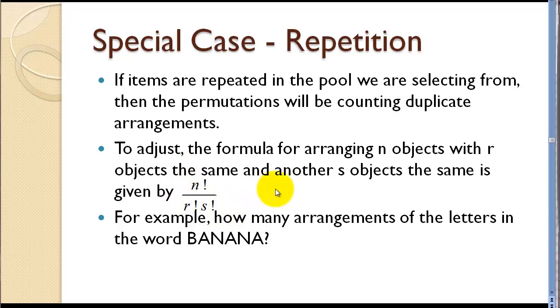It could be extended if there were 3 objects that were repeated. We would have another factorial on the bottom. So if we want to figure out how many arrangements for banana, we've got 1, 2, 3, 4, 5, 6 letters total, so that's our N. We've got an A that's repeated 3 times, so that would be R, 3 factorial, and we have 2 N's.